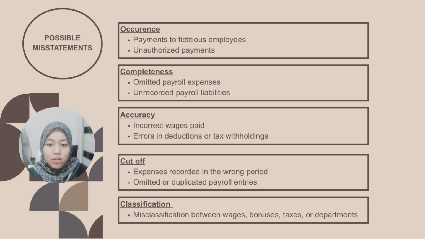Then cut-off: expenses recorded in the wrong period, and omitted or duplicated payroll entries. The last one is classification: misclassification between wages, bonus, tax, or departments.